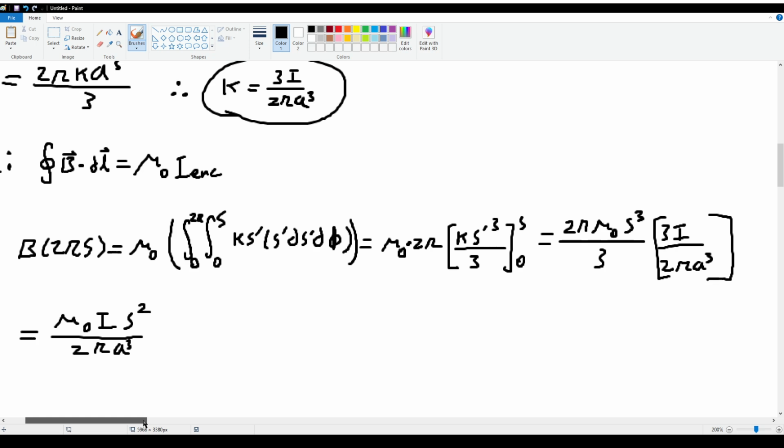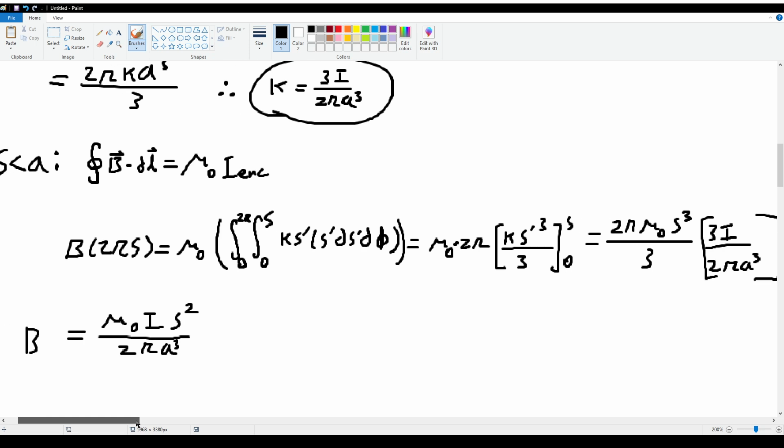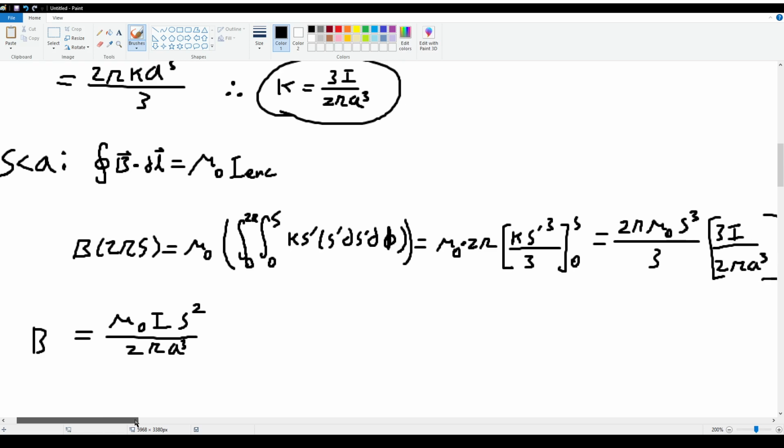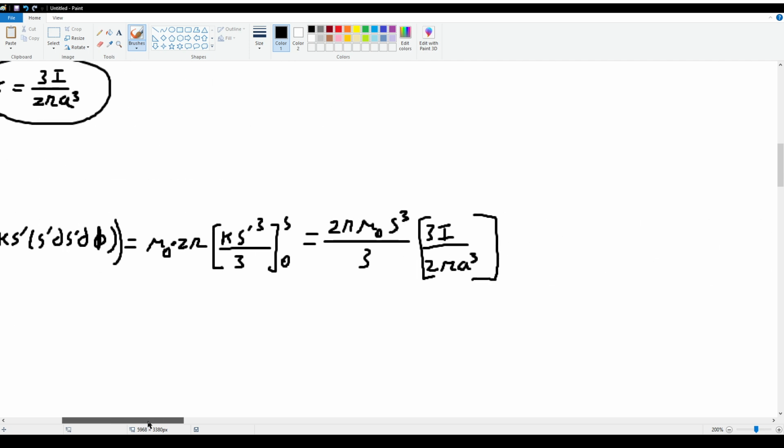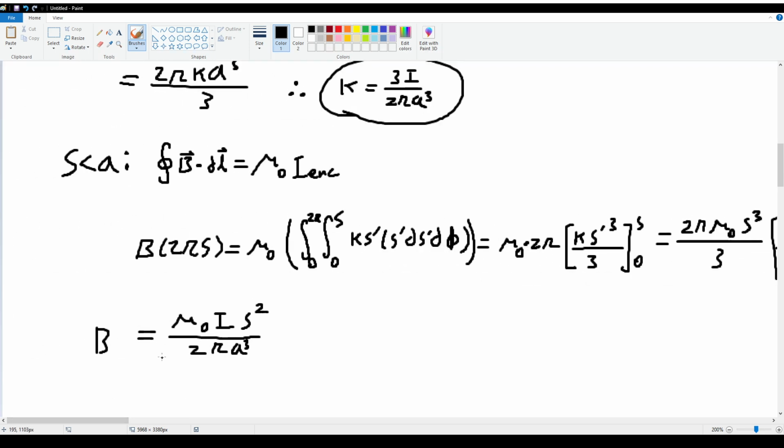Let me just verify real quick. Right, because we divided by the 2 pi s, so an s went away. Yes, this is correct. So we have this. We turn it into a vector.